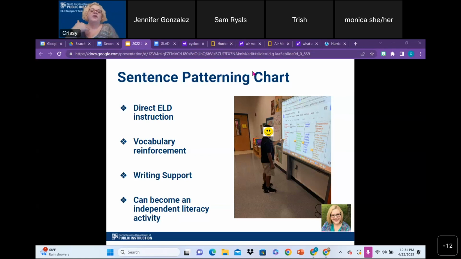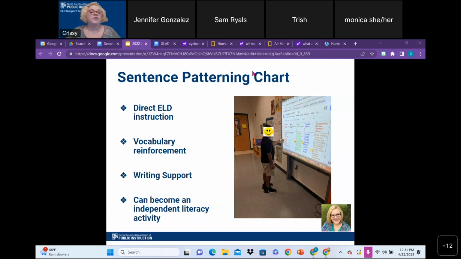It's encouraging students to use oral language, but it also begins to transition them into writing, and it's a very effective writing support. So this is, again, direct English language development instruction because students are given the parts of speech and are given explicit instruction about syntax and the way parts of speech are organized in English to produce sentences.